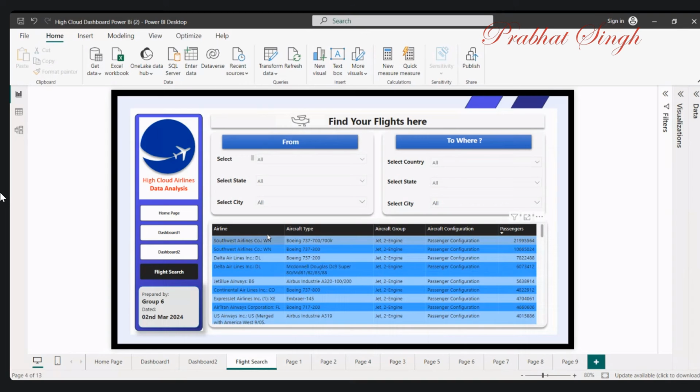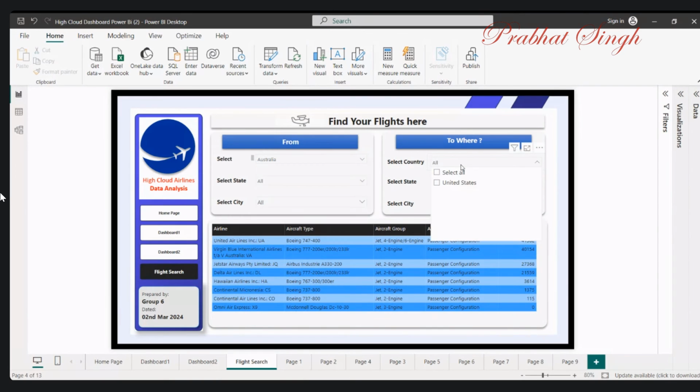Okay, so here as we can see, we just click on from select Australia, and country to United States. And state Australia, and from where it will be California.